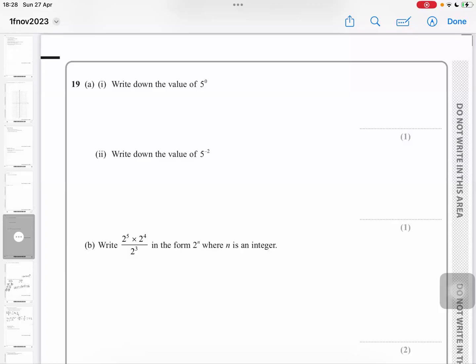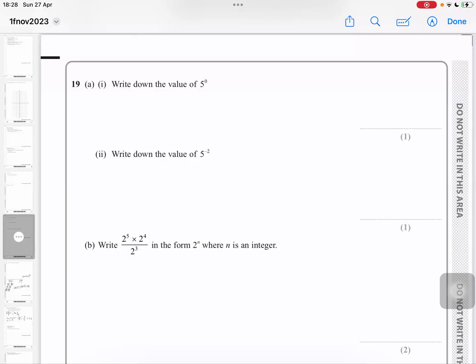Okay, so the first rule for indices says that whenever you have an arrangement like this, where you have the same base, the number 2 is called the base, and the power that 2 is raised to, for instance, 5, and then beside 2 raised to power 5 is the base again, 2 raised to power 4.